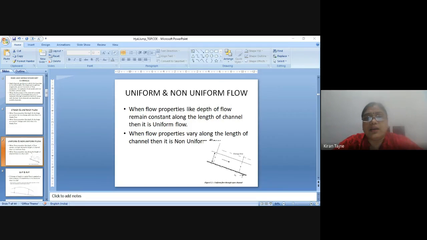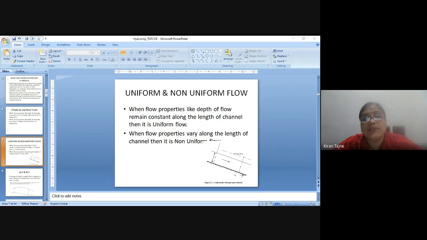So when flow properties, say depth of flow in an open channel, remain constant along the length of the channel, then the flow is said to be uniform.